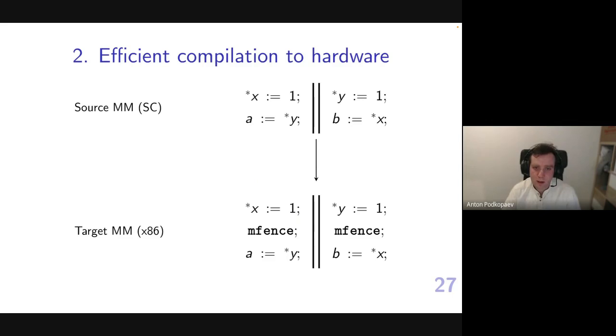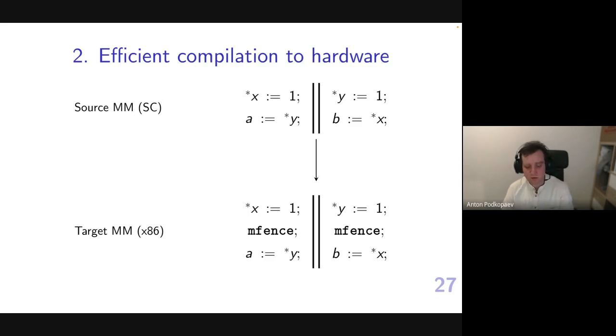The other requirement I mentioned is that we would like to have efficient compilation schemes from our programming language to target hardware. So for example, if we define our new version of C++, compile it to x86, and we want to support the sequential consistency memory model and nothing else, then we could do that. In general, it would require putting a memory fence instruction between each memory access in our program.